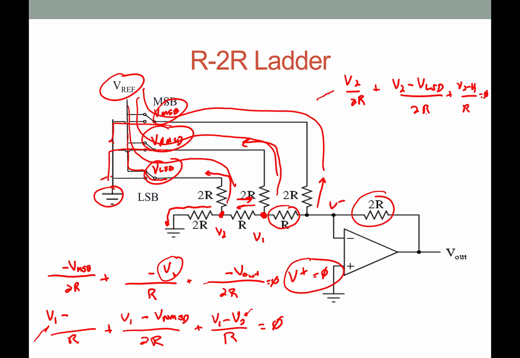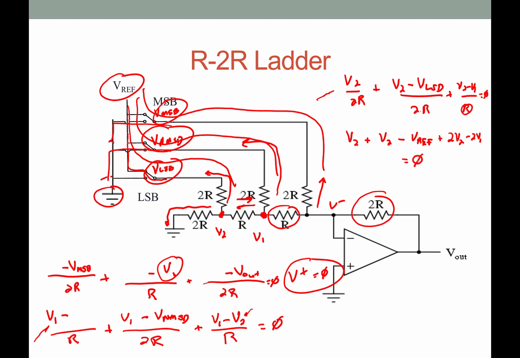So taking this equation, an easy way to solve it is to multiply everything by 2R, and so I can write this as V2 plus V2 minus, now this, as I said, VLSB is Vref, and since everything was multiplied by 2R, that cancels with the 2R that's in this denominator, and then multiplying this by 2R will give me a 2 out front, so I get plus 2V2 minus 2V1 equals 0.